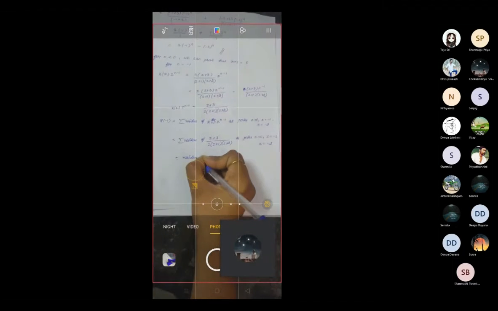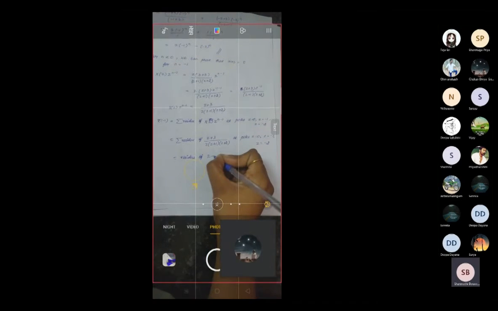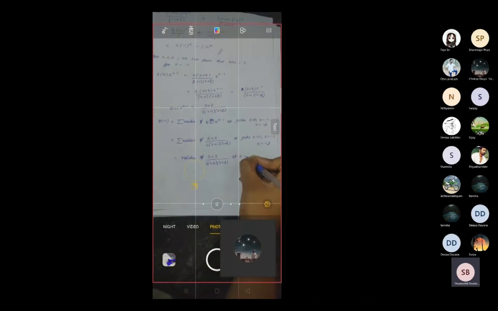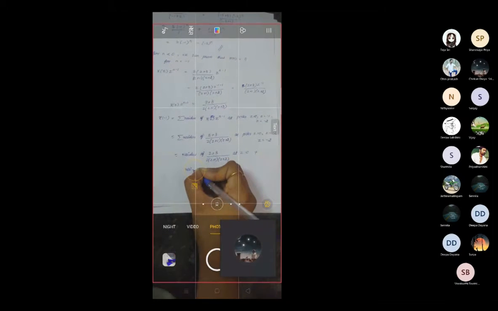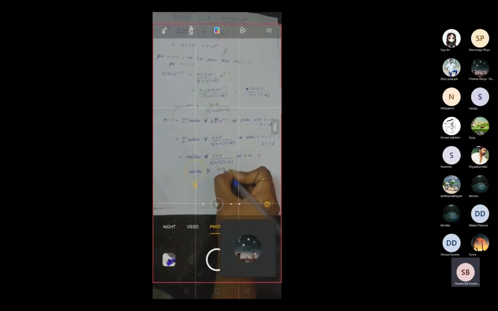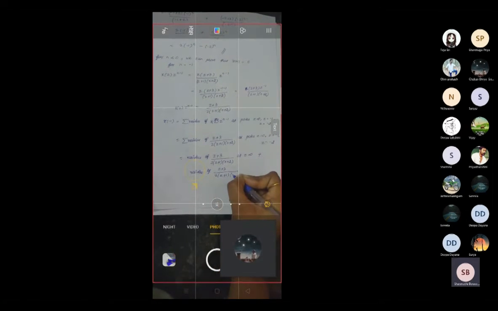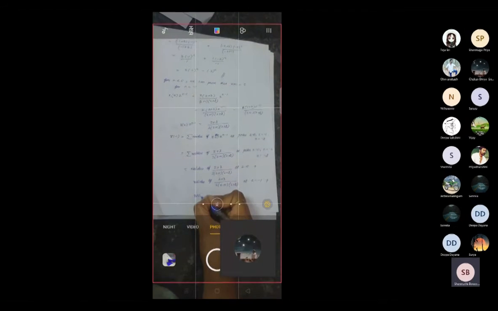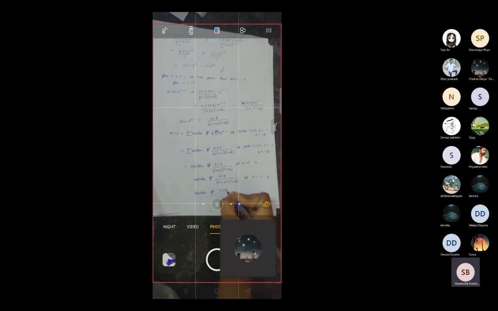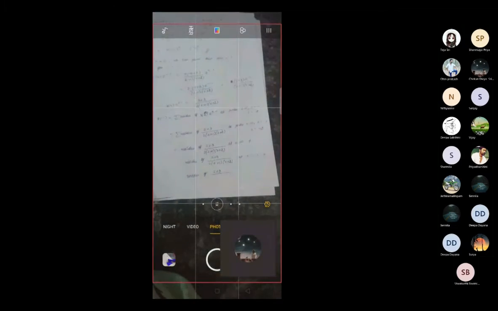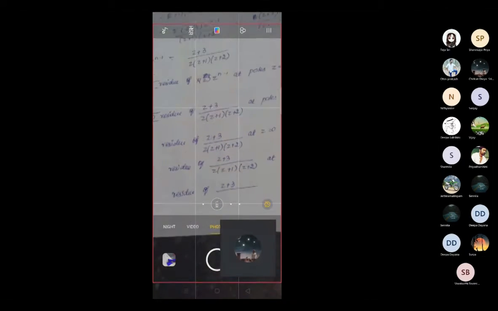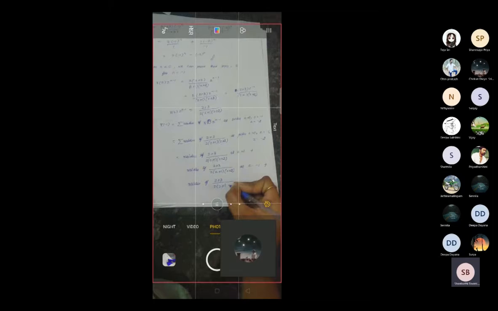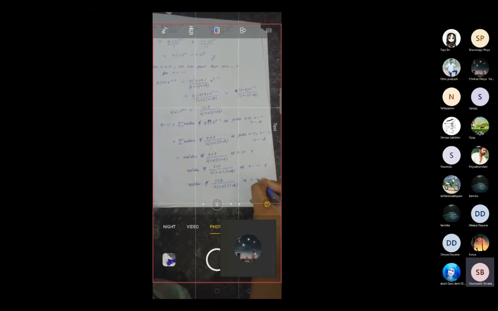Residue of z plus 3 divided by z into z plus 1 into z plus 2 at z equal to 0 plus residue of z plus 3 divided by z into z plus 1 into z plus 2 at z equal to minus 1 plus residue of z plus 3 divided by z into z plus 1 into z plus 2 at z equal to minus 2.